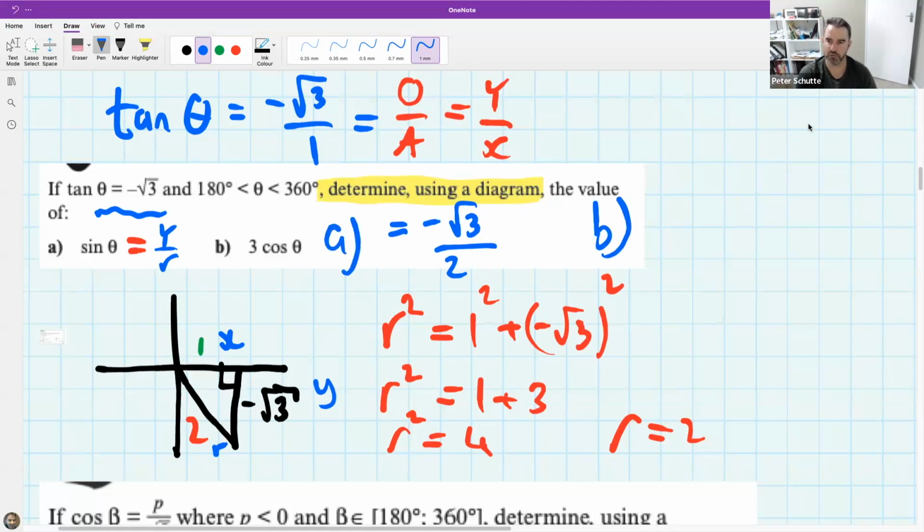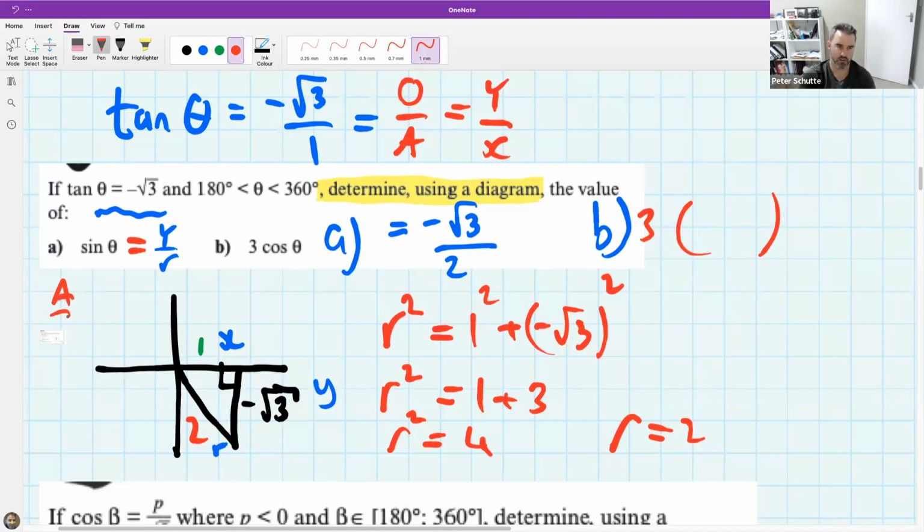What about the answer for B? So I want you to try and figure out for me what is the value of 3 cos theta using the information in the drawing. So cos of theta would just be, let's think about it.